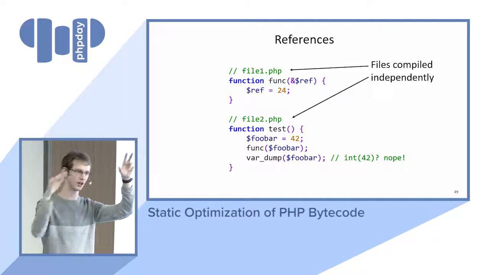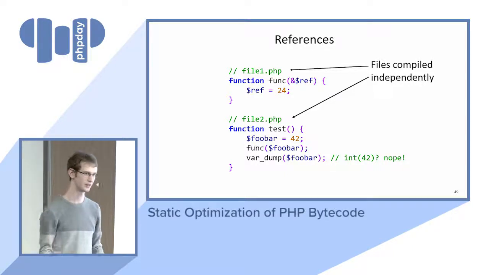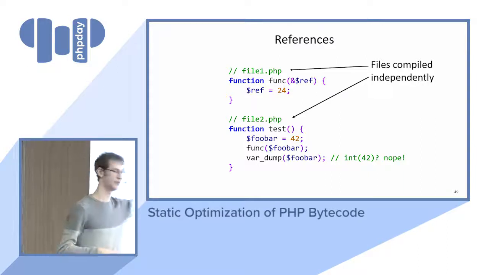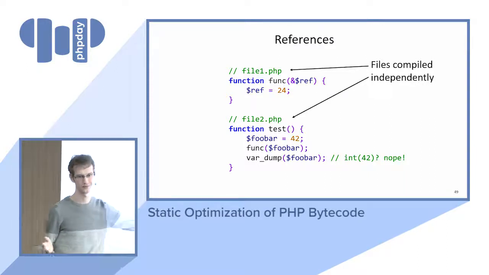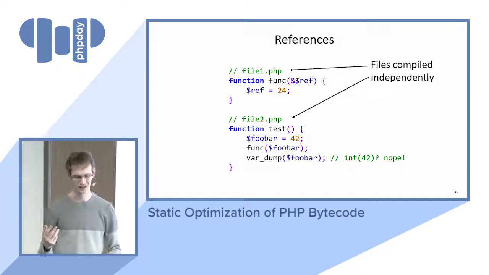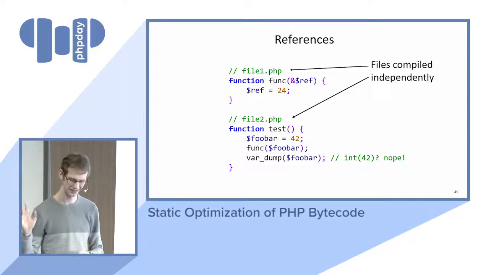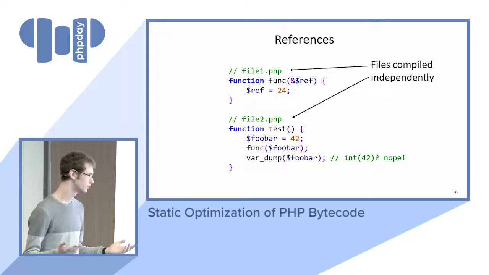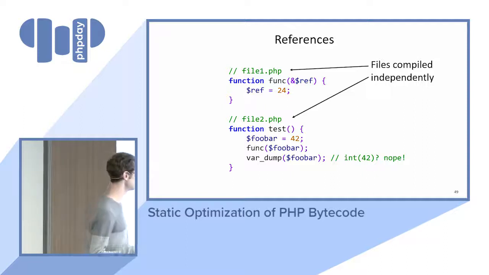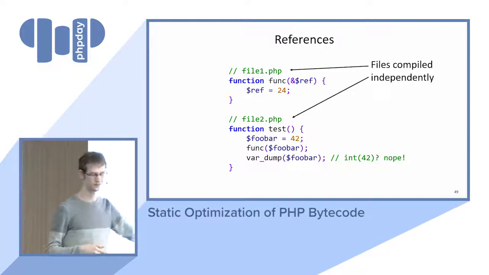So we'd have to keep track of these dependencies and make sure they're satisfied, and maybe compile the file multiple times depending on loading order. That's something we don't do right now. We may want to do it in the future, but it's sort of tricky, and for now we just treat the files independently, and then we have this kind of issue.